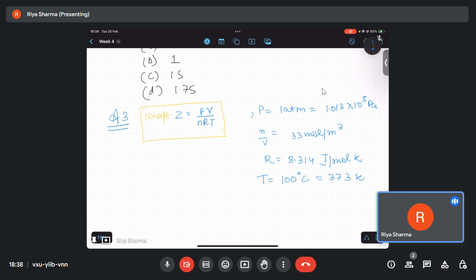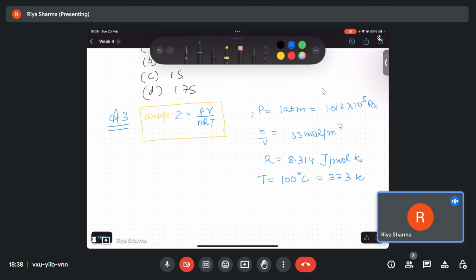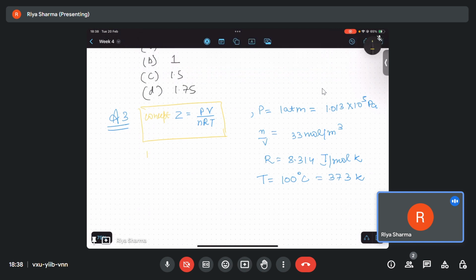This is a basic thing which everyone should know, that the boiling point temperature of water is 100 degrees Celsius and pressure is 1 atm. And what is molar density? Moles per unit volume. This has already been given to you. Please start solving this so that we can get the answer.